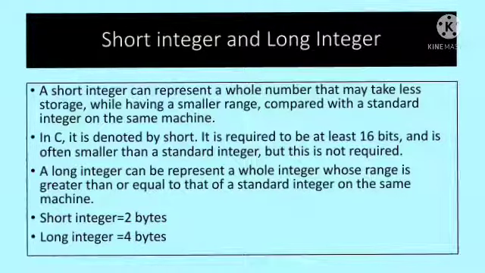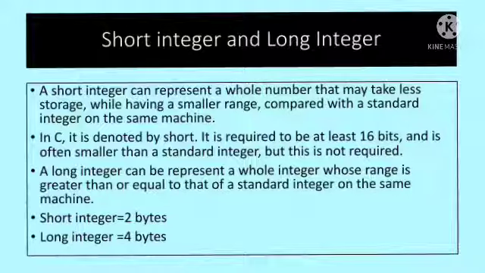Short integer and long integer. A short integer can represent a whole number that may take less storage while having a smaller range compared with a standard integer on the same machine. In C, it is denoted by short. It is required to be at least 16 bits and it is often smaller than a standard integer, but it is not required.